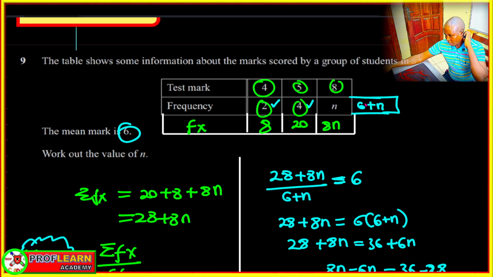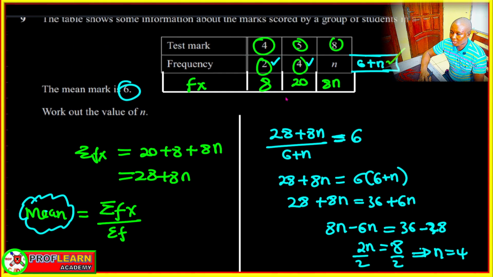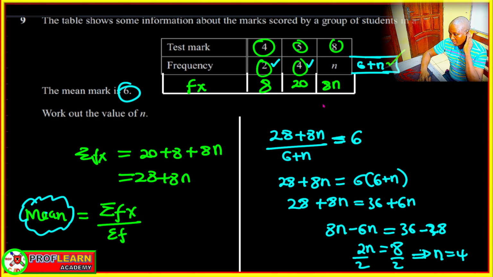Then the total frequency will be 2 plus 4 plus n, which is going to be 6 plus n. That is going to be the total frequency. So summation of fx, adding all this, becomes 28 plus 8n over the total frequency, which is 6 plus n, should be equal to the mean.